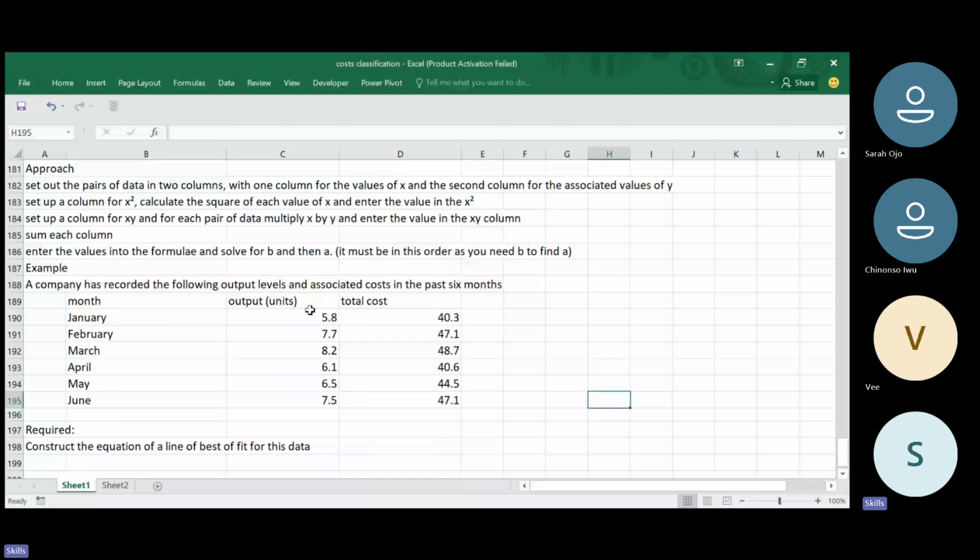The output unit is X, and the total cost is Y. This is how we label it.